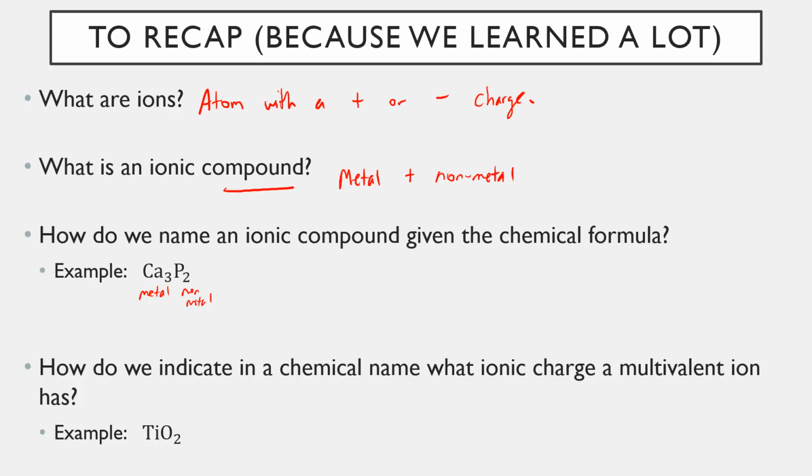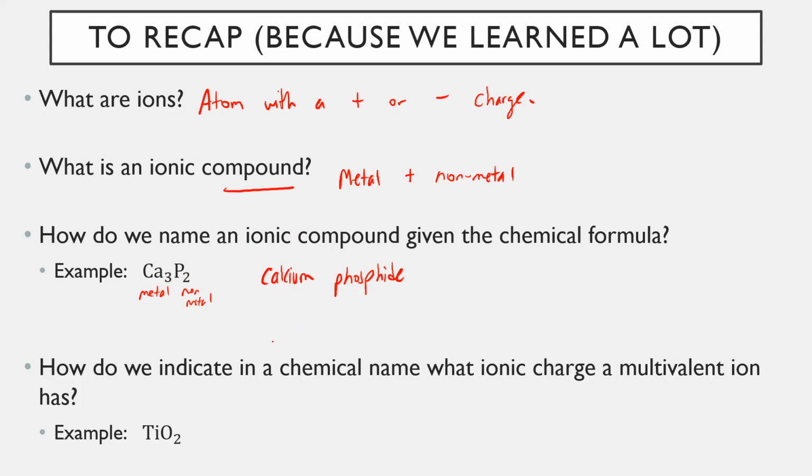Ionic compound naming rules just say name the metal and then name the nonmetal. The metal name is calcium, and I was just checking my periodic table to make sure that calcium is not one of the ones that has more than one charge. It is not, so we just have the metal name, calcium, and then the nonmetal name, phosphorus, but we have to change it to ide. So it's phosphide: calcium phosphide.